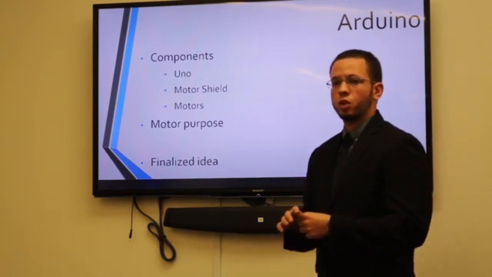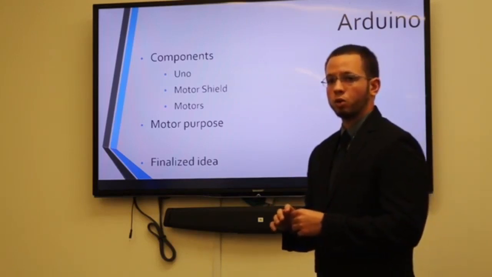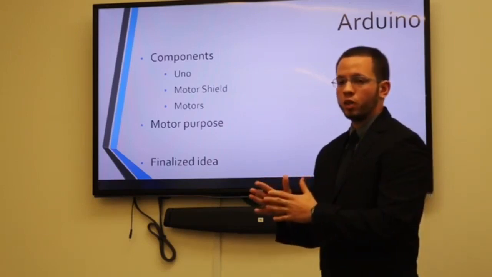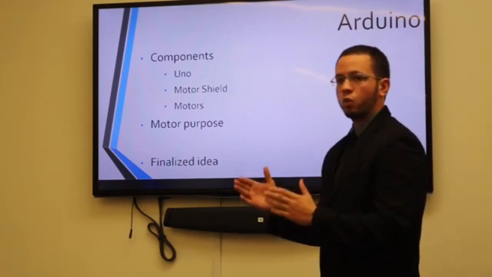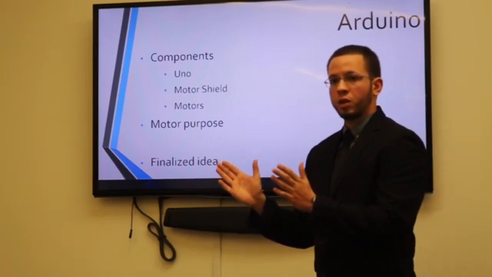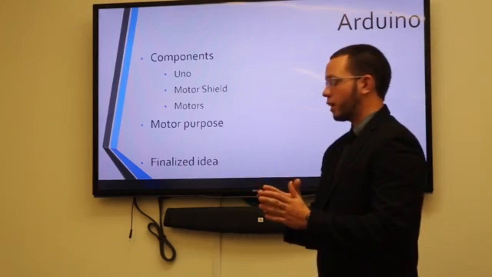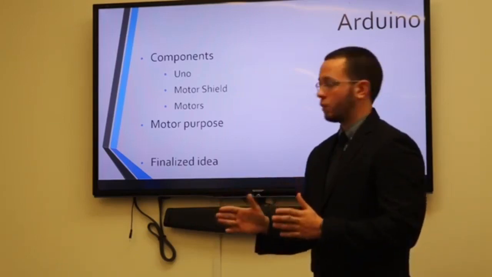As I stated, the motor shield will require motors. The motor purpose is for bidirectional movement. So as you saw in the video, we can move the piston back and forth to cut the potatoes and then bring it back to safety.